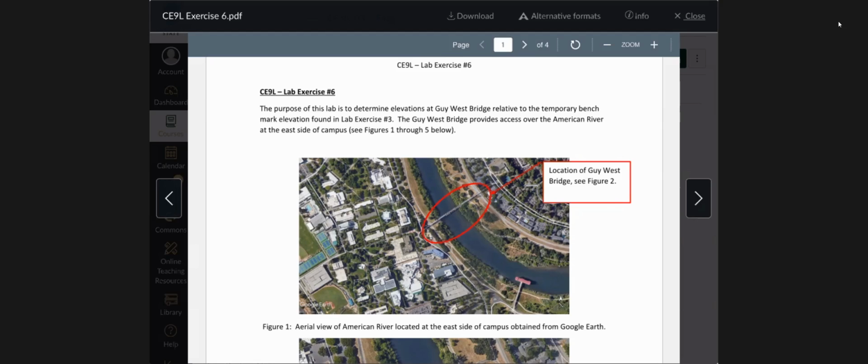Okay. Also, I hope you saw my email that I sent yesterday, that I wanted you to read the text portion of the lab manual, pages 33 through 39, so you would have some sort of idea what we're doing today.